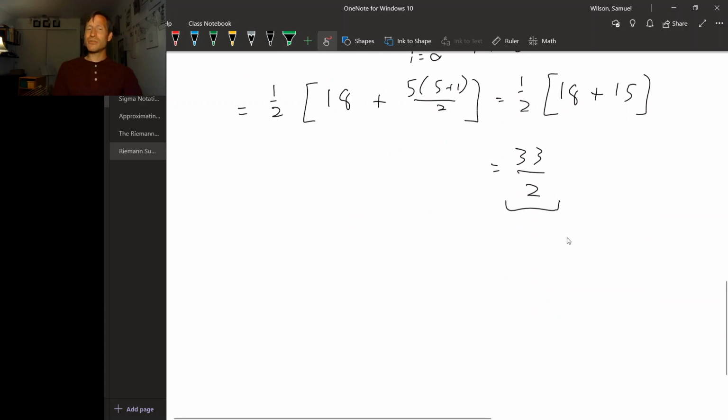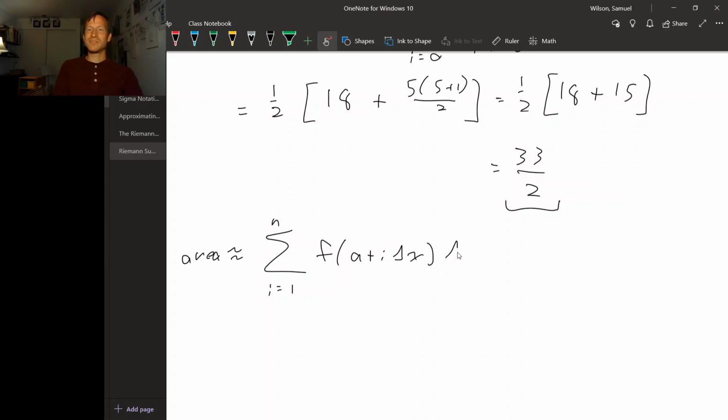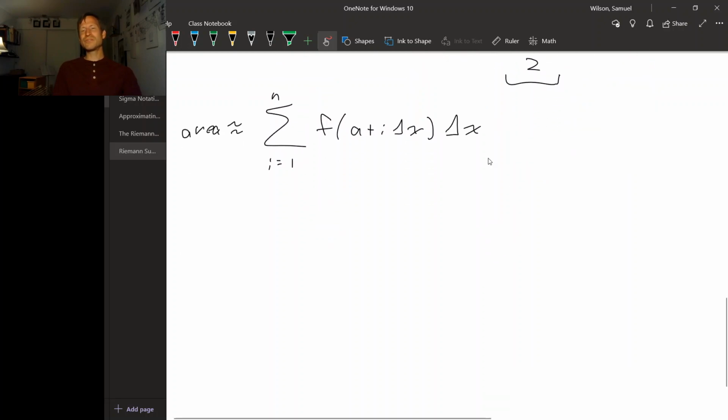The important thing about the Riemann sum is now that we have this expression for the area under the graph is approximately the sum from I equals 1 to n of f of a plus I delta x times delta x. This is an approximation, but remember once we had an approximation, our plan was to improve the approximation and to take some kind of a limit to improve the approximation and turn it into an exact result.